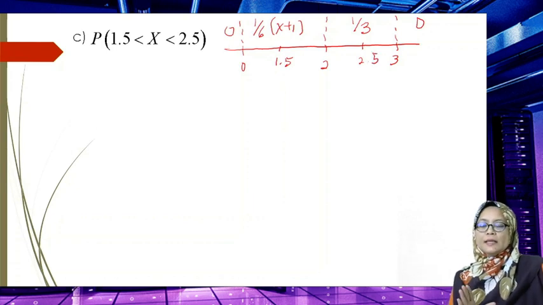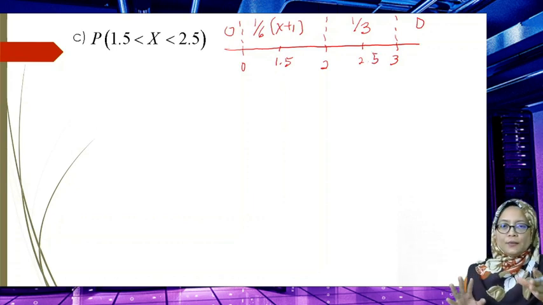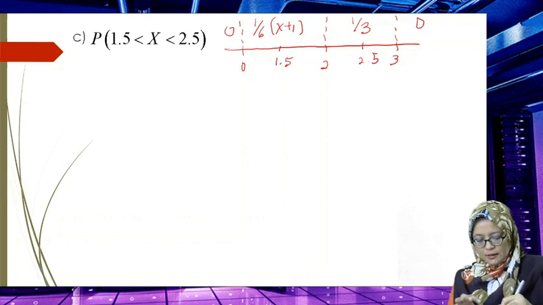Okay, so sekarang ni kita tak boleh langgar kita punya border untuk nilai tadi sebab 1.5 until 2 function lain. Ni function lain. So 2 to 2.5 function lain. So you tak boleh integrate directly from 1.5 to 2.5. So kena ikut dia punya interval, maksudnya you akan integrate daripada 1.5 until 2.